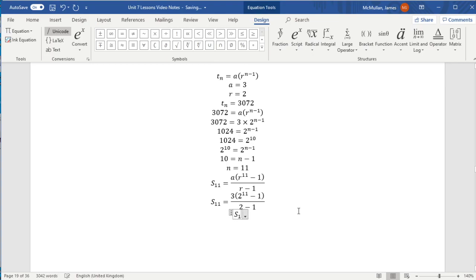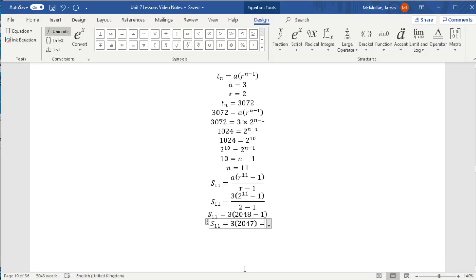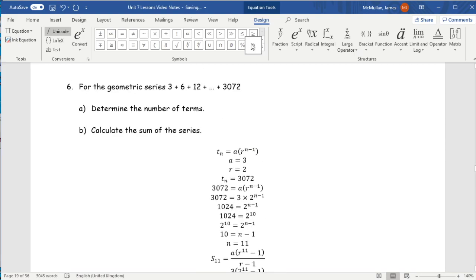So S11 is equal to 3 times (2048 minus 1). So S11 is 3 times 2047, and 3 times 2047 is 6,141, and that would be the sum of those terms.